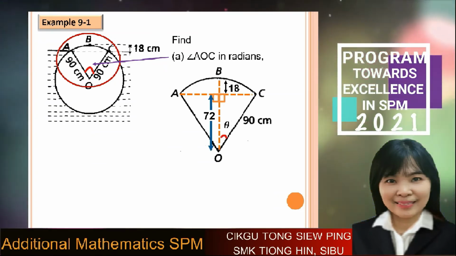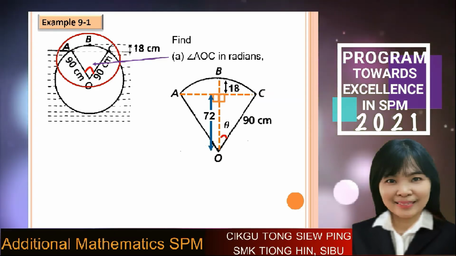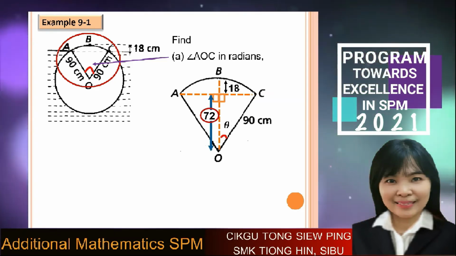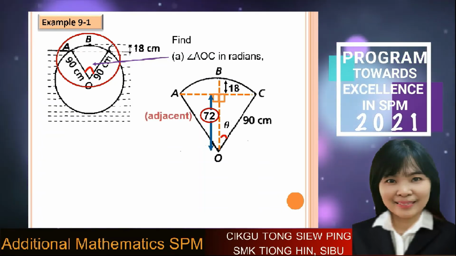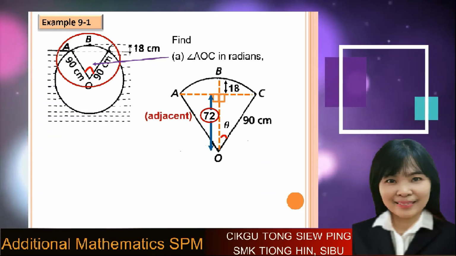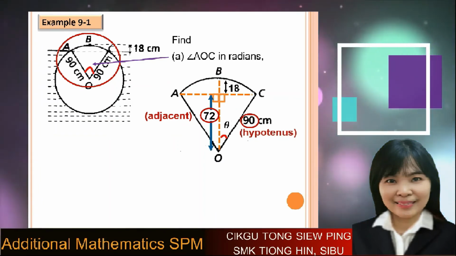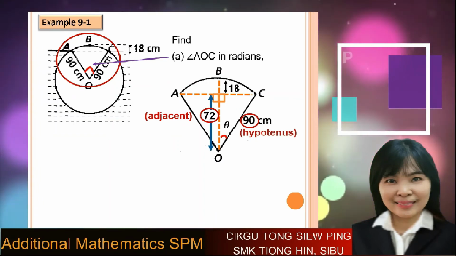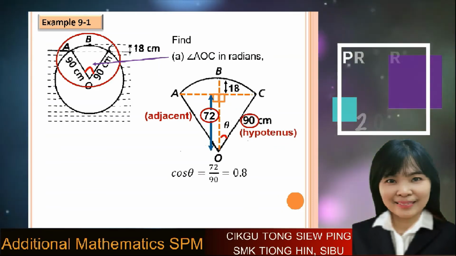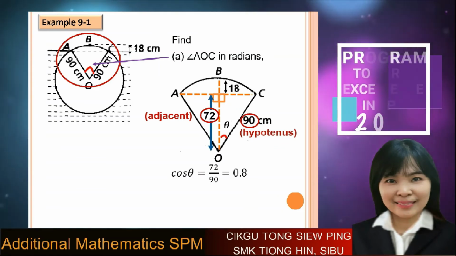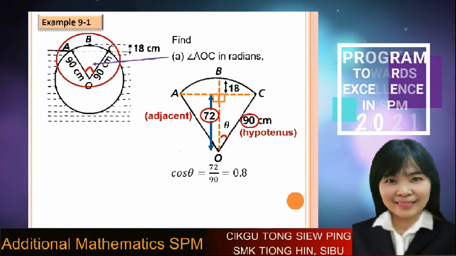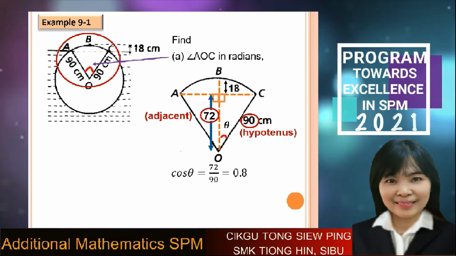Now we can use a trigonometric function to find theta. From the right angle triangle, we know that this 72 is the adjacent and this 90 is the hypotenuse. Therefore, we can use the cosine function to find theta. Cos theta is equal to 72 over 90, that is 0.8.